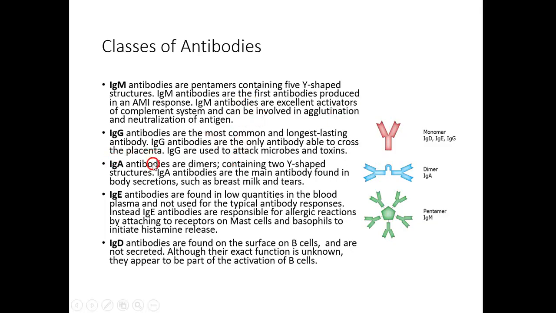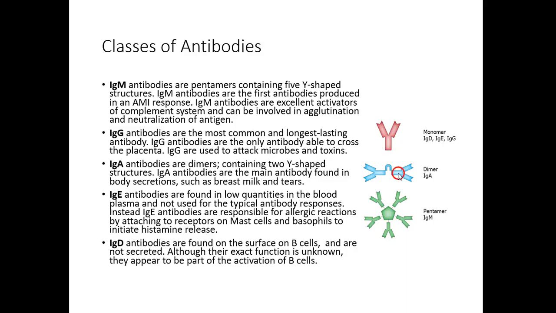The IgA antibody is a dimer, so as you can see here, it's got a 2-part structure. 2 of those Y-shaped antibodies are linked together, and IgA is found in bodily secretions, most commonly breast milk and the passing of an antibody from a mother to a child.